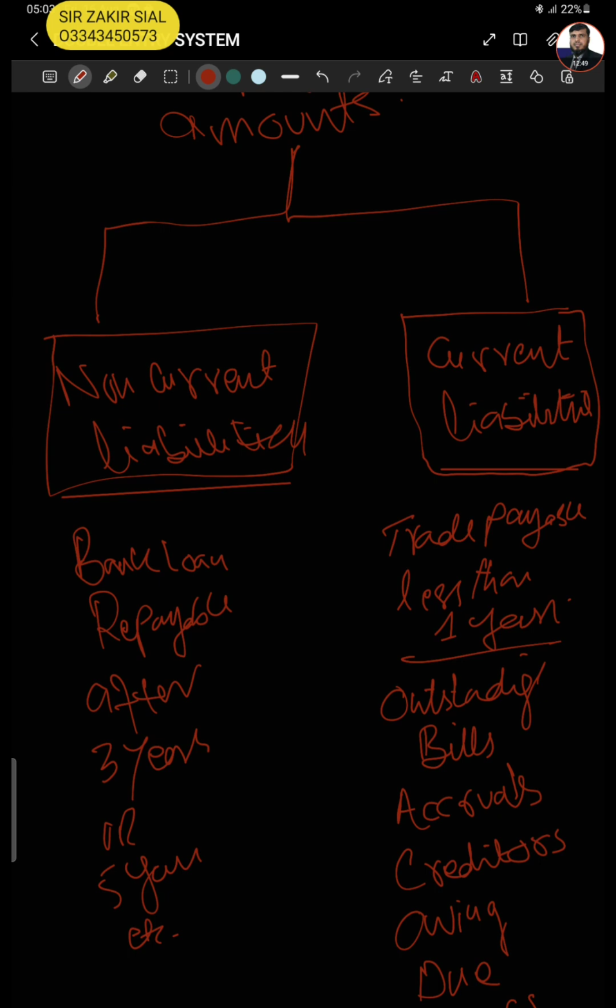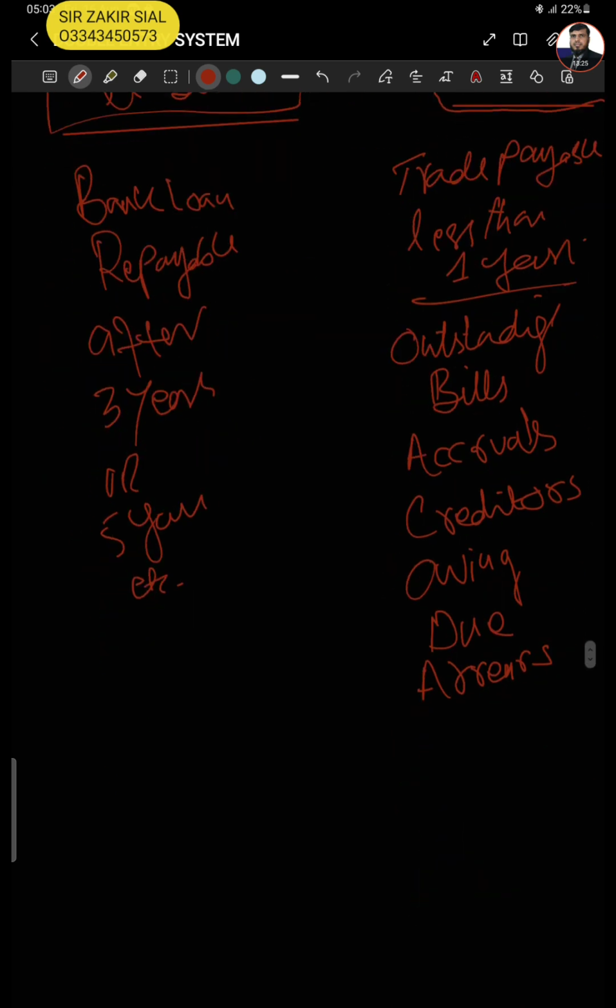And current liabilities are payable amounts which are due within a year, like 3 months, 4 months, 8 months, 10 months. Trade payables are those where we purchase some goods and promise to pay in the later period. So these amounts are due. Sometimes an electricity bill is due, sometimes salaries are due; outstanding, arrears, accrued, outstanding payables all have the same meaning.